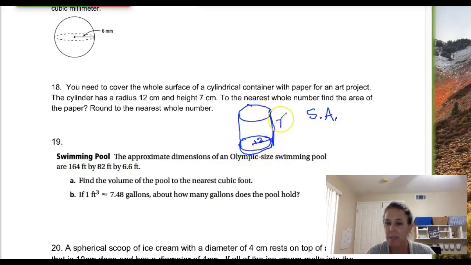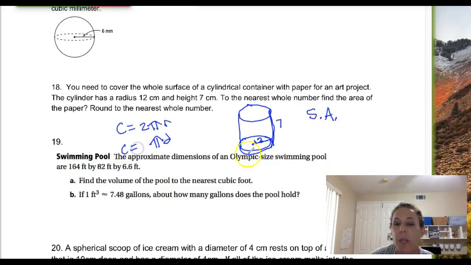If you slice this and roll it out, it's going to be a rectangle, which will be the perimeter of the base, which ends up being just your circumference. And you know circumference is 2 pi r, or pi times diameter, either way. So surface area, once again, is the perimeter of the base times the height plus the top and the bottom, 2 times the area of the base.